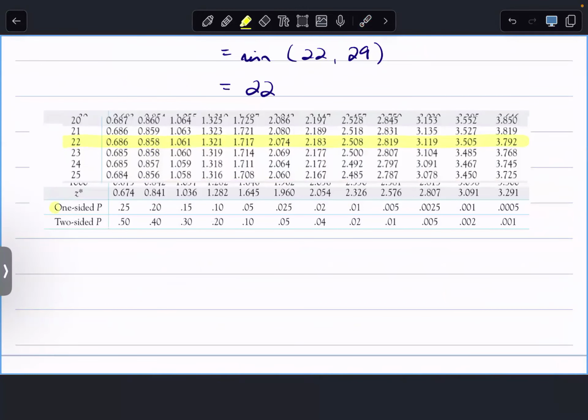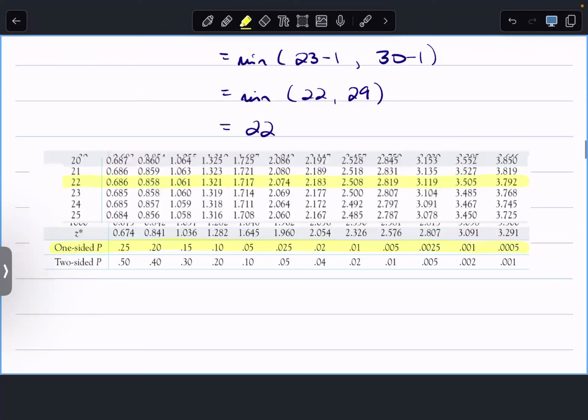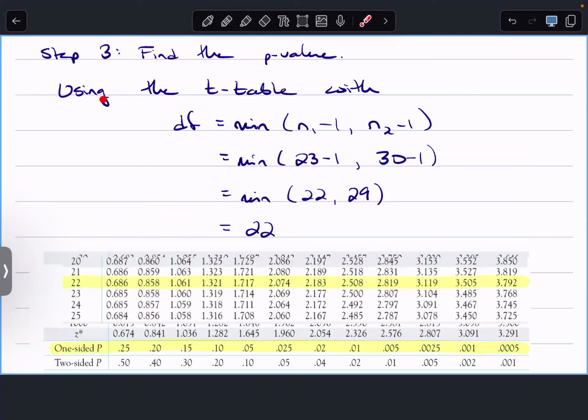So then I'm here on the one-sided p line. This is kind of a thinking bubble, all right? But here, a continuation of using the t-table, and then you do your degrees of freedom calculation. This is where if you did it wrong, then I can just follow through, right?